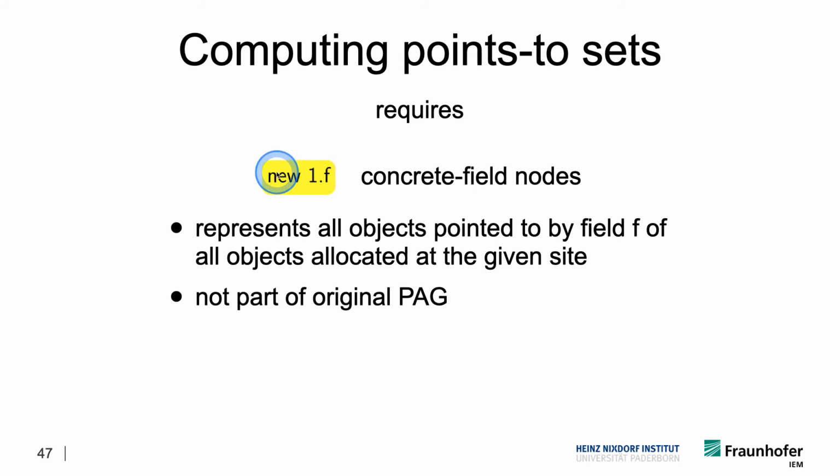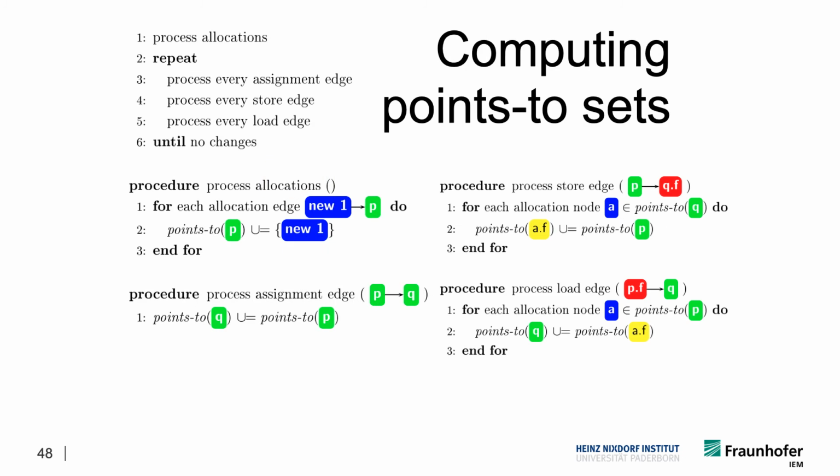Okay, so this is an allocation node here embedded into this concrete field node. And this is then a dereference of that allocation node. And this is not part of the original initial pointer assignment graph. This is an artifact of the propagation. So only during the propagation, you will be seeing these yellow nodes.